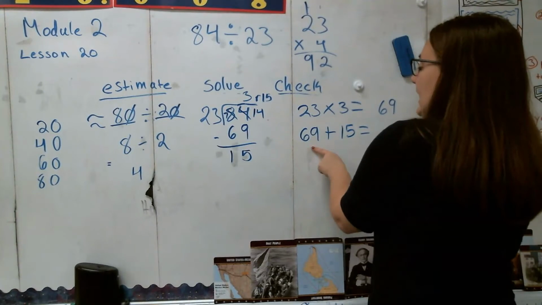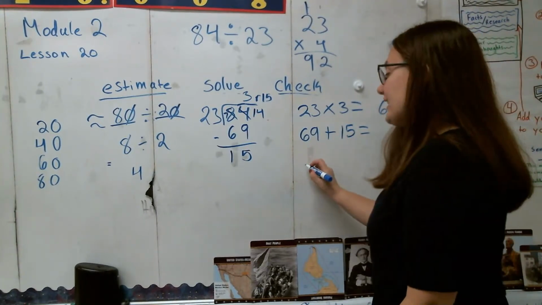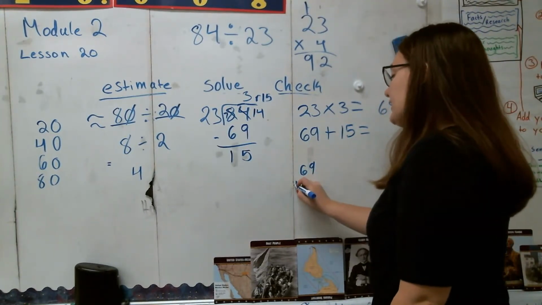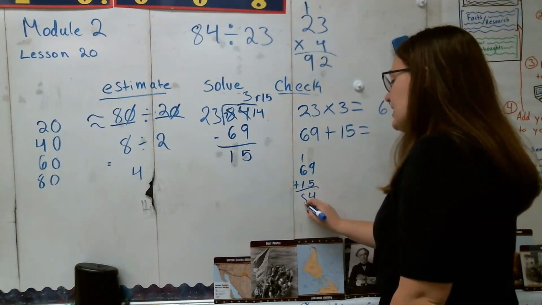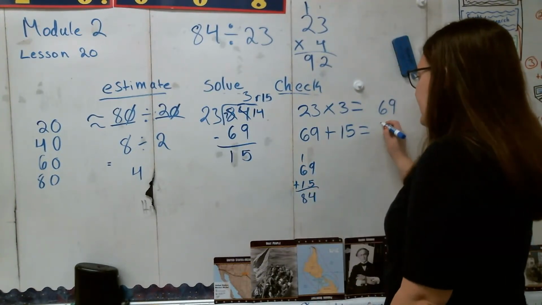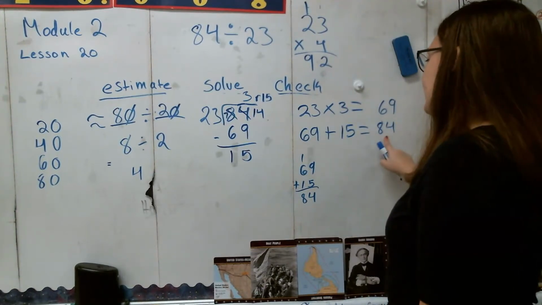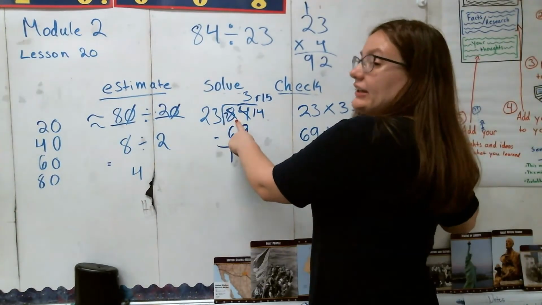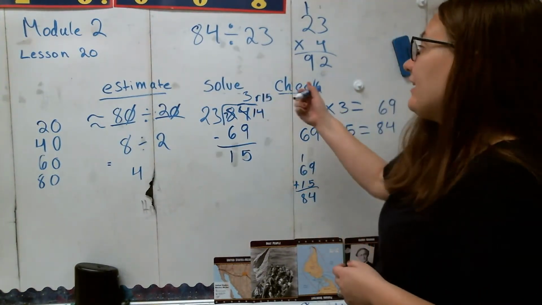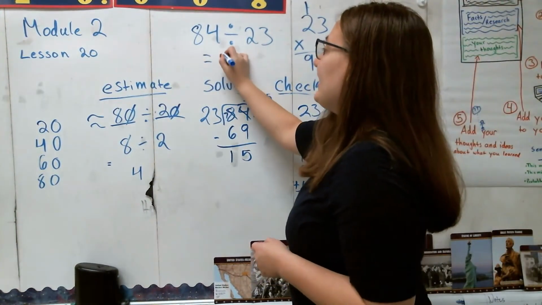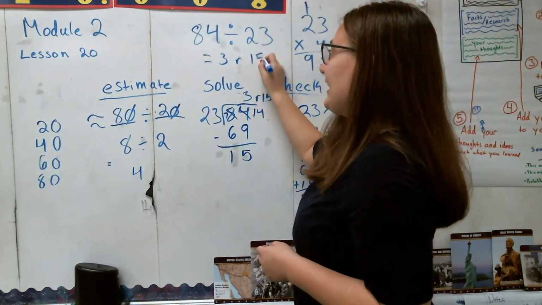And if I can't do my work straight across like that, I can set up a little standard algorithm off to the side to help me out with this. And then when I add all this together, I get 84. I check, does this answer match what I started with? It does. So I know that 3 remainder 15 is my final answer.